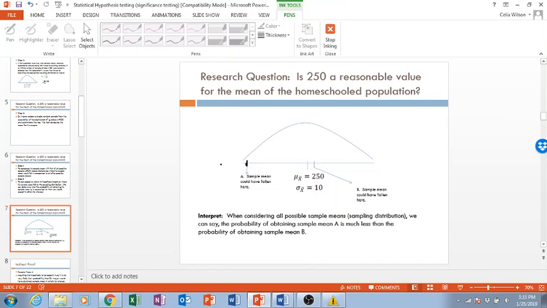So based on what we know about this nice curve, what do we know about those probabilities way out here? As we go this direction into the tail and this direction, what happens to the probability? It gets smaller, right? So whatever this probability is going to be small because it's in the tail.